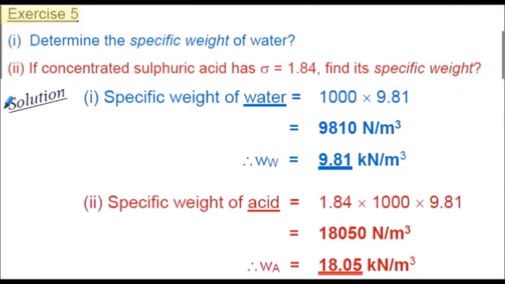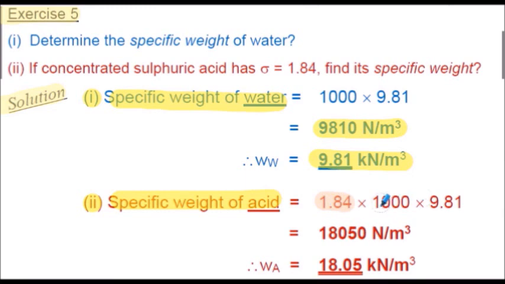Exercise 5 solution. For part 1, the specific weight of water is 9,810 newtons per meter cubed, or as the answer stated in the question, 9.81 kilonewtons per meter cubed. And for part 2, specific weight of the acid in this case, so that's the relative density 1.84 multiplied by the density of water, 1,000 kilograms per meter cubed.